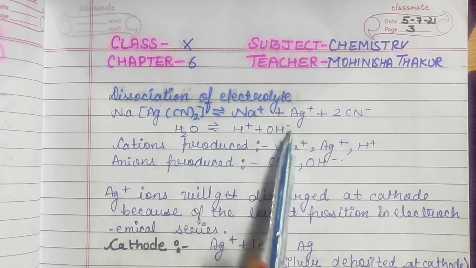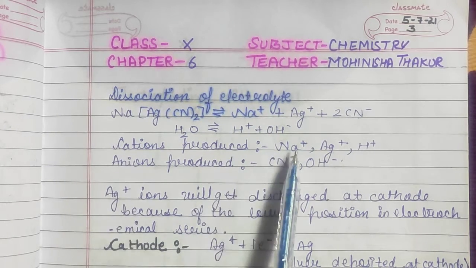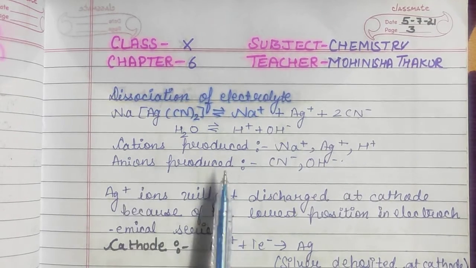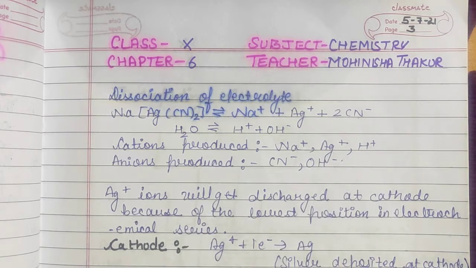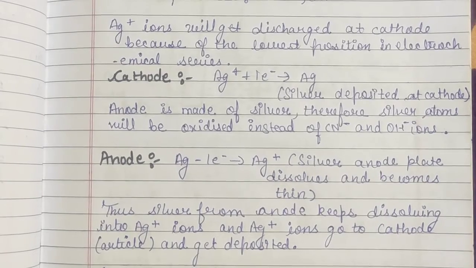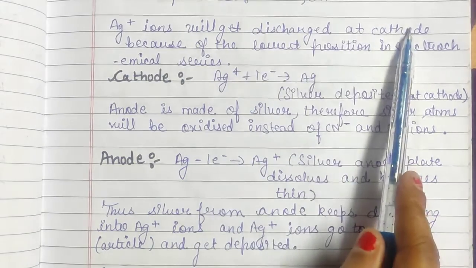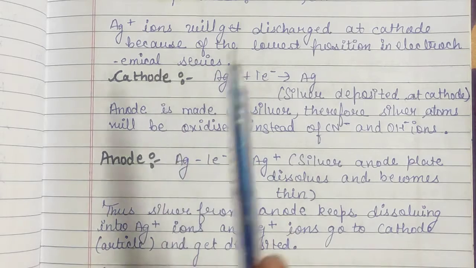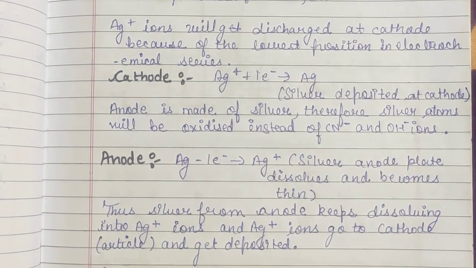So what are the cations and anions produced here? The cations produced are Na+, Ag+, H+, and the anions produced are CN- and OH- ions. And Ag+ ions will get discharged at the cathode because of the lowest position in the electrochemical series. This you may observe in the diagram drawn on page number 2, right?